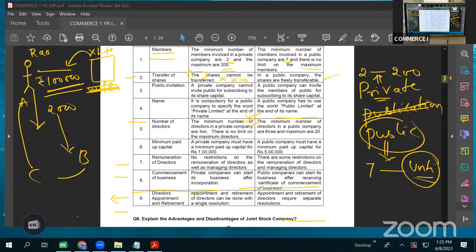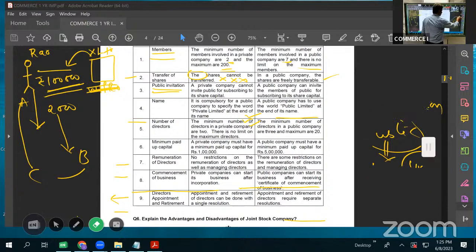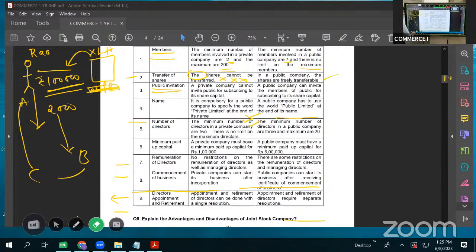Next is public invitation. Public invitation means, see, how many members are there in case of private limited company? Maximum members are 200, I said.